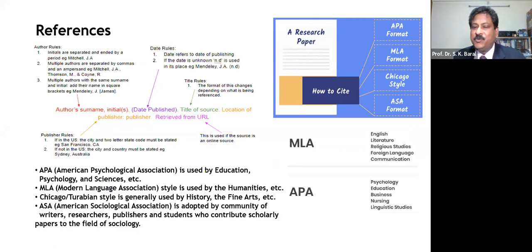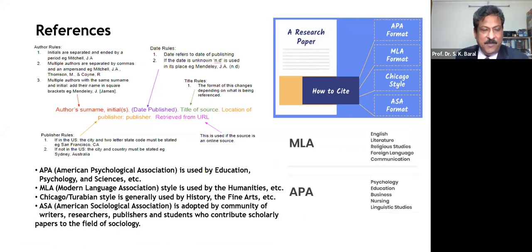And reference, you know very well, there are two kinds of references probably we use for management, commerce and other things, MLA and APA. MLA is the Modern Language Association, which covers English, literature, religious studies, foreign languages, and communication. All those things come under MLA.